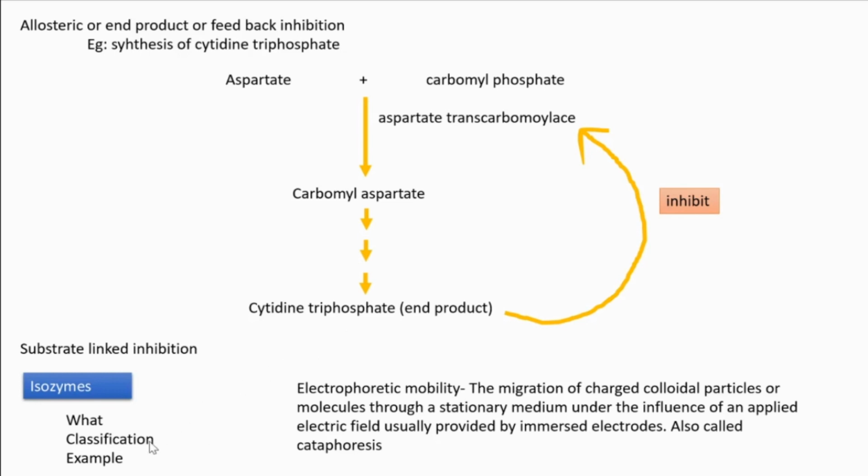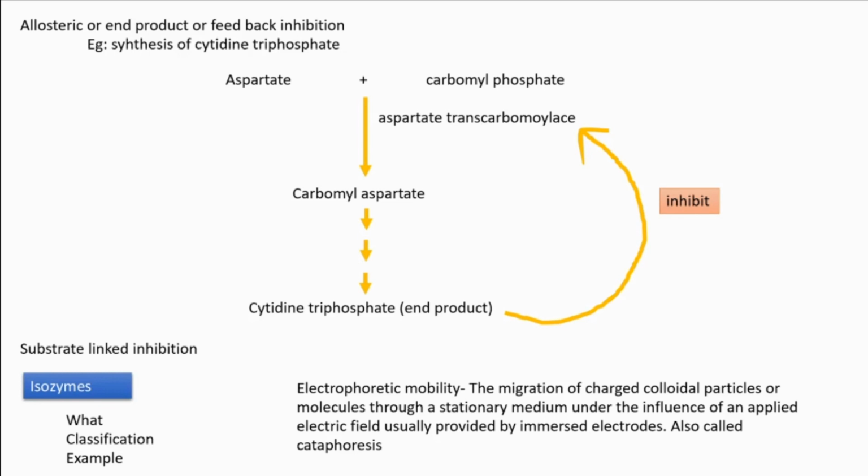The classification of isozymes. Isozymes can be classified into homologous and analogous. Homologous means isozymes with a similar structure. These homologous isozymes have similar catalytic properties also. Analogous means they have the same catalytic property, but their molecular structures are different.